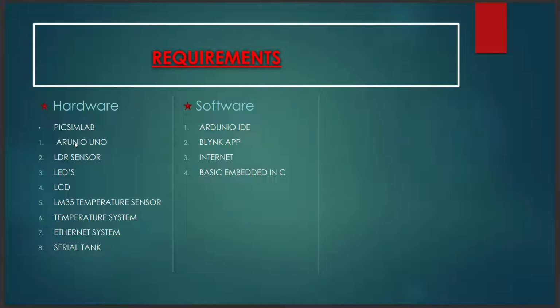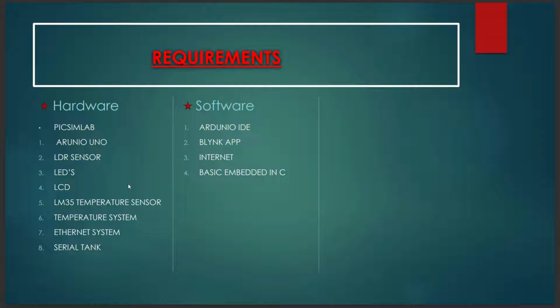The Arduino Uno board contains a reset pin, 15 digital pins, and 6 analog pins. Analog pins are widely used for input, like taking inputs from sensors.